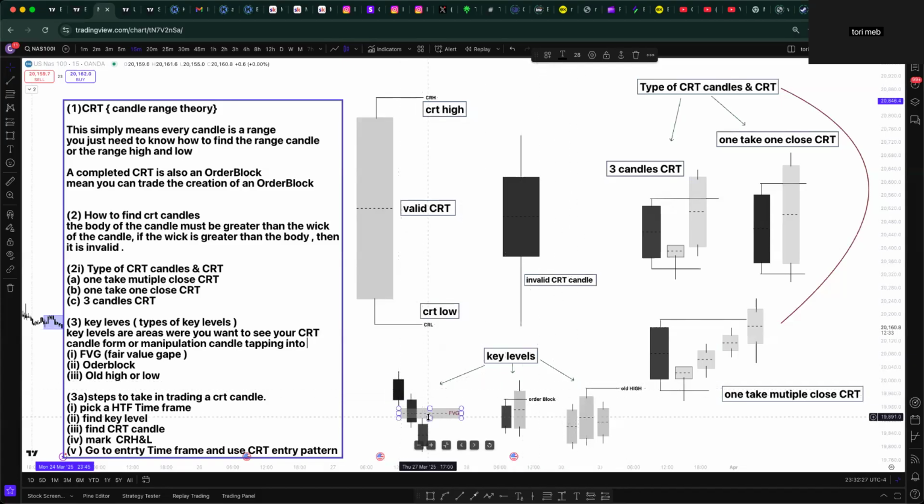So we have the fair value gap, this is how it looks. We have the order block, this is how it looks. And we have the old highs and the old lows. This is how old highs look. If you flip this, it will also be like an old low, the same thing for an old low.